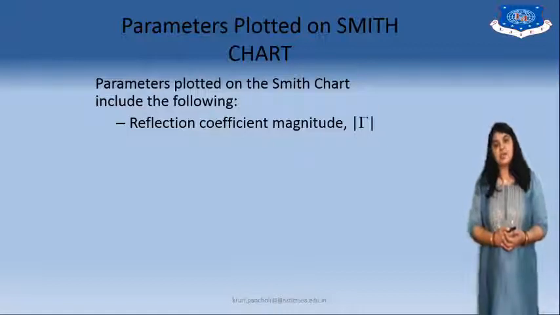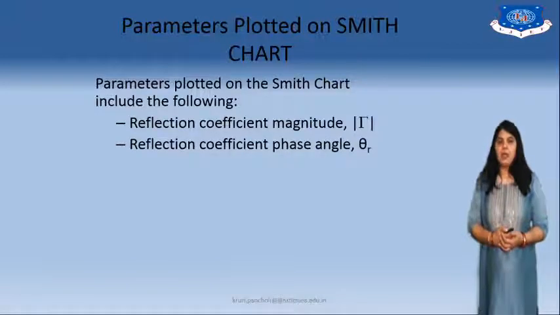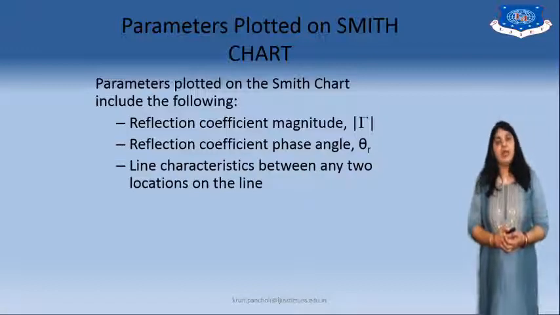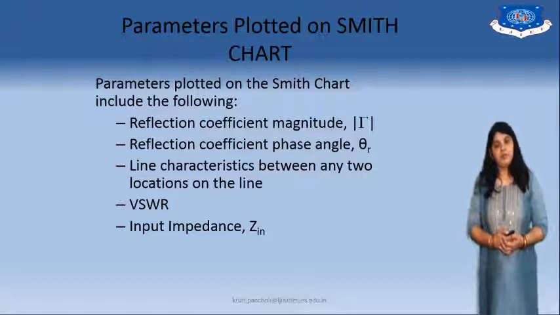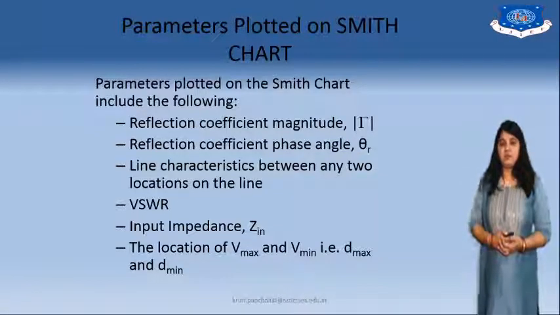The reflection amplitude magnitude is denoted by the modulus of gamma. Then the reflection coefficient phase angle theta r, line characteristics between two locations on the line, VSWR, the voltage standing wave ratio, input impedance Zin, and the location of the V maximum and V minimum, that is the d maximum and the d minimum.